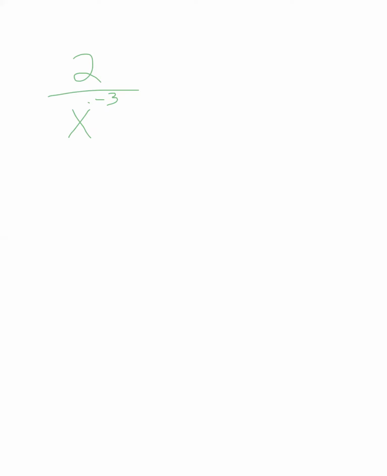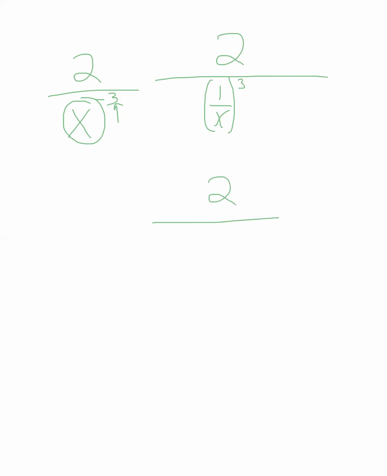That negative tells you to take the reciprocal of this thing and then raise it to the positive exponent. So just ignore that 2 in the numerator for a second. Just look at x to the -3. That really becomes 1 over x, and then I raise the whole thing to the 3rd power. So that becomes 2 over 1 over x to the 3rd.